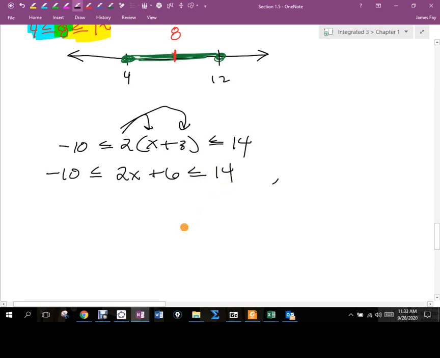Now what would you do to get your variable term by itself? What are you going to do with that 6? So you subtract 6 here, subtract 6 there, subtract 6 there. You get negative 16 less than or equal to 2x, less than or equal to 8, right? And now what would you do to solve for x?